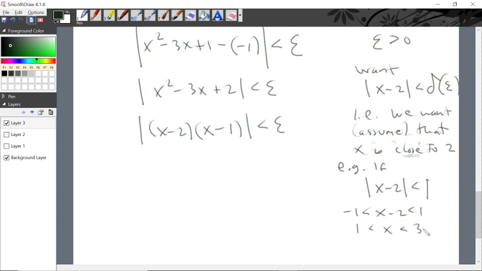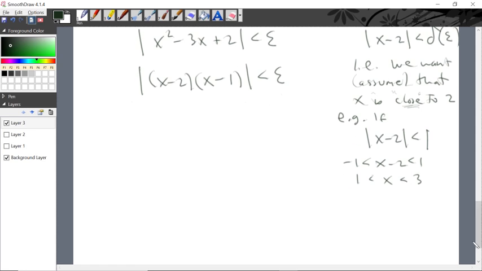Okay? Well, what does this assumption that we make here say about x minus 1? Because that's our other factor that we actually need a bound for. Well, this means that x minus 1, we could have found it from here by just adding 1, by the way, but x minus 1 is less than, so subtract 1 is less than 2, but greater than 0 for this particular example.